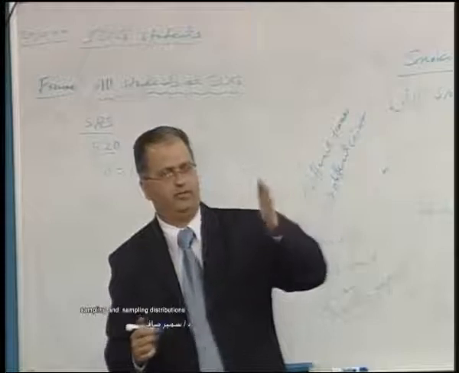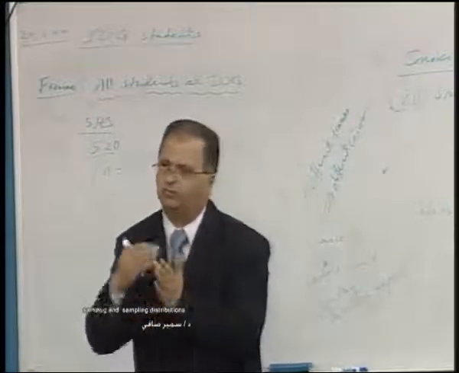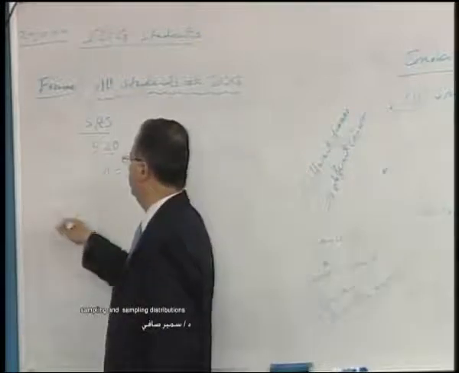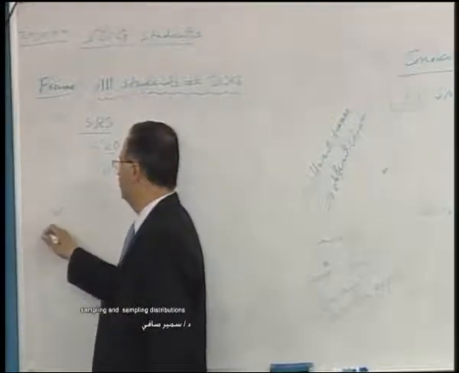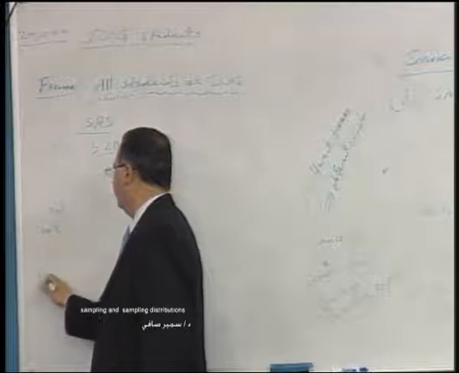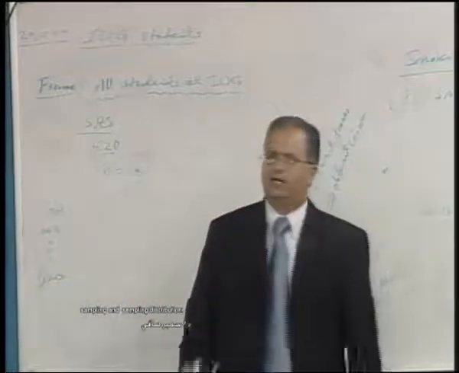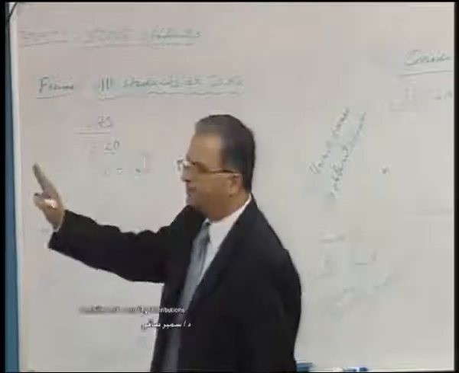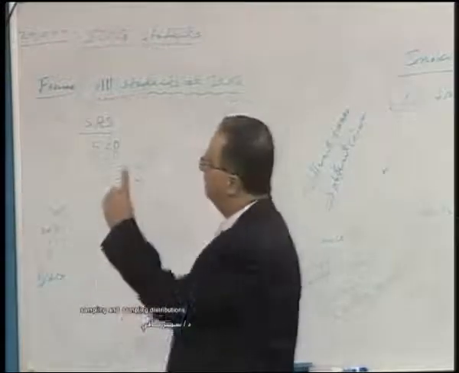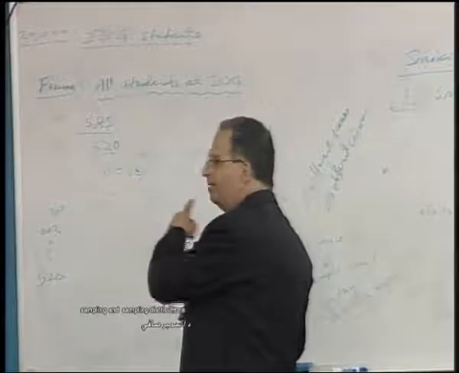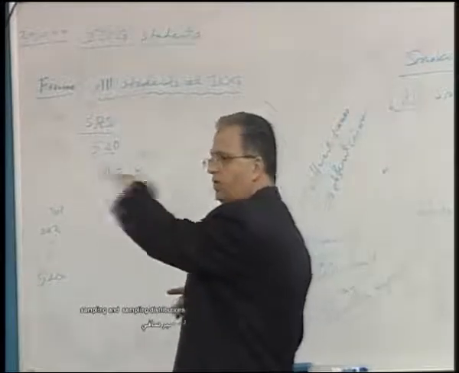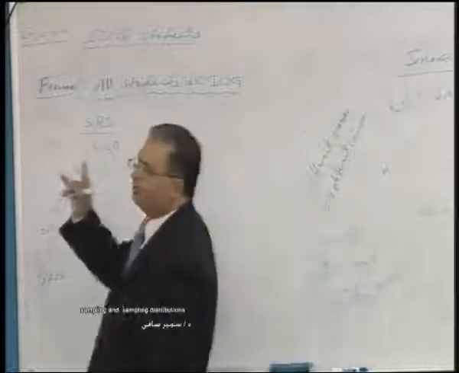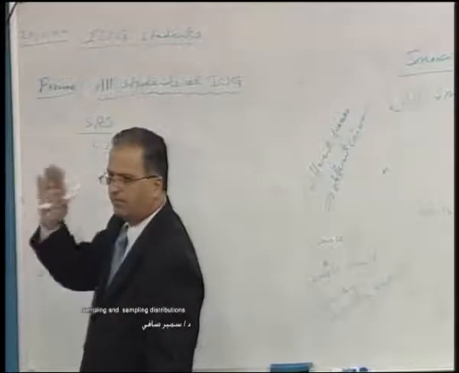So each one has an ID number from 001, 002, all the way up to 520. In this case, you have to choose 3 digits. You don't have to start with row number 1; maybe column number 1, or row number 2, whatever is fine. So let's start with row number 2.